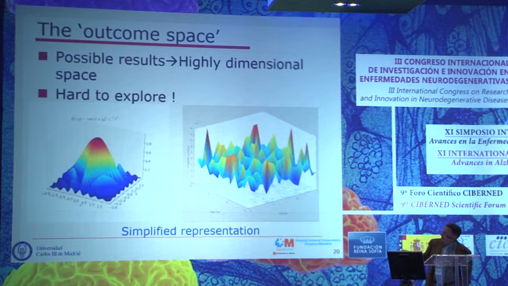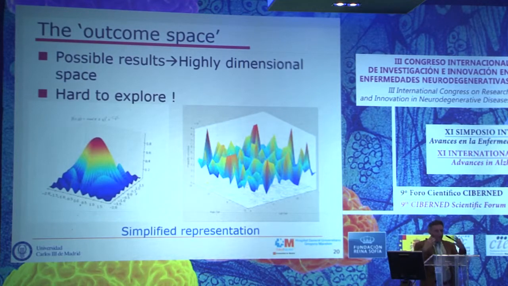In the left case, if I have a landscape like that, I can be very happy with my experiment because there's one result which is much more likely than the other ones. If I change anything, then the results are not so credible or not so solid. So this is a very good situation in which I can trust my result very much. However, if my outcome space looks like this one, then you can see that I have many different possible solutions for my problem, and probably none of them is much better than the others.